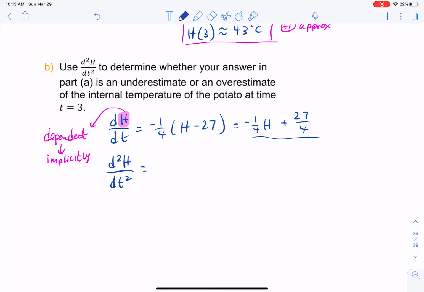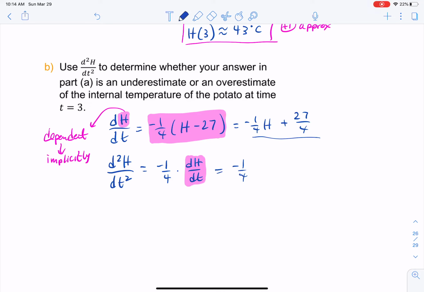So it's just right over here. I have negative 1/4 times h. Its derivative should just be negative 1/4. But then I have to use the chain rule because I'm differentiating this implicitly, times dh/dt. And then, of course, the derivative of 27 over 4 is just 0. And then, like we usually like to do, I'm going to take this dh/dt out and replace it with what it is equal to, which is the negative 1/4 h minus 27.